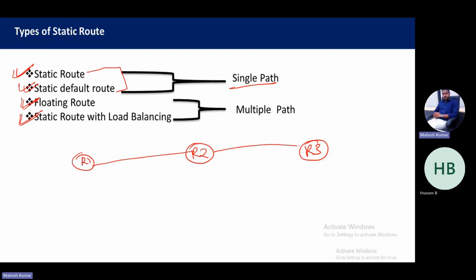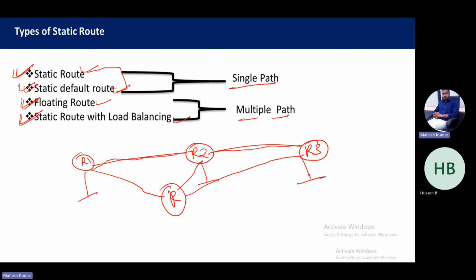We have a single path to reach R2, a single path to reach R3, and in the same way a single path from R3 to R2, and R2 to R1. So when we have a single path to reach our destination, we use a static route or static default route. The floating route and static route with load balancing are for multiple paths, when we have one more path to reach the destination.